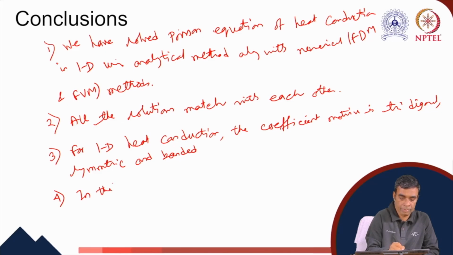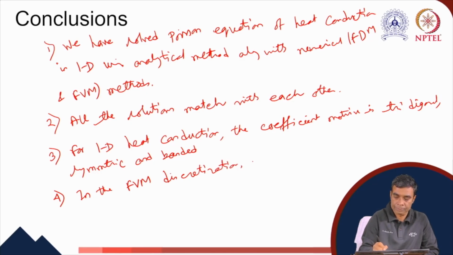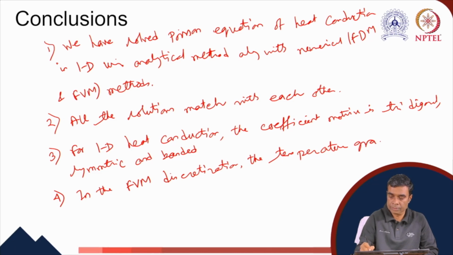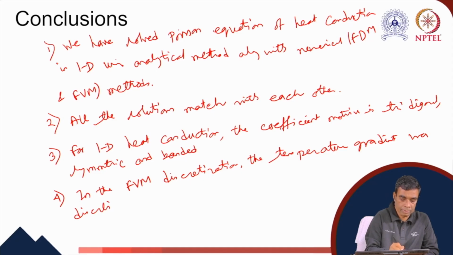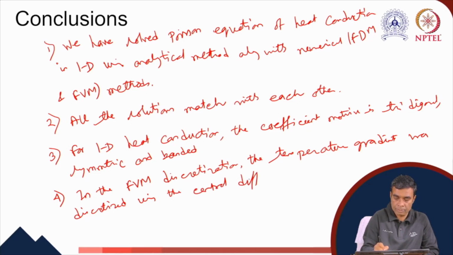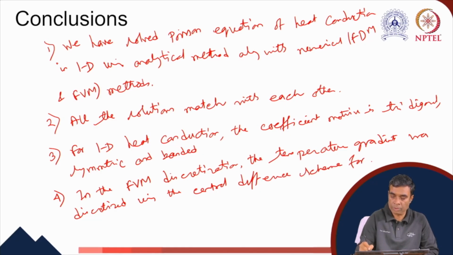In the finite volume discretization, the temperature gradient was discretized using the central difference scheme for the first derivative.